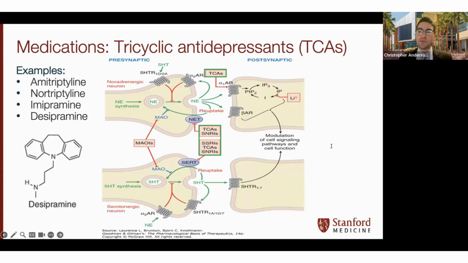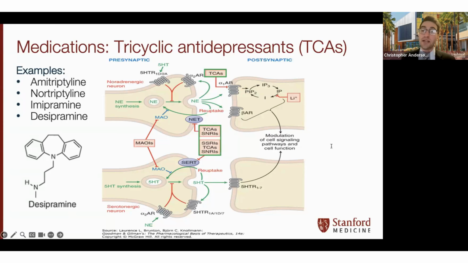This is the other class of medication called tricyclic antidepressants. It's an older class of medications that act on the same transporters that the previous class did, with the added action of blocking, if you look at the picture, there's a green box for TCAs, the alpha-1 adrenergic receptor up top, as well as a variety of other receptors like histamine receptors and acetylcholine receptors, which are some of the neurotransmitters I mentioned before.